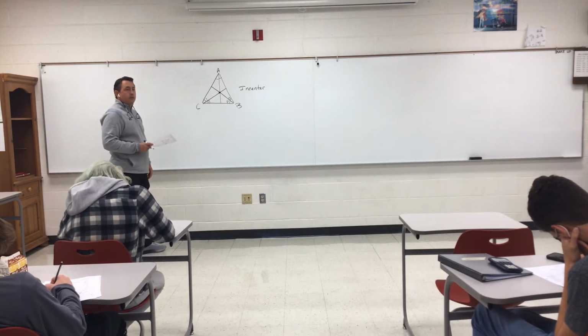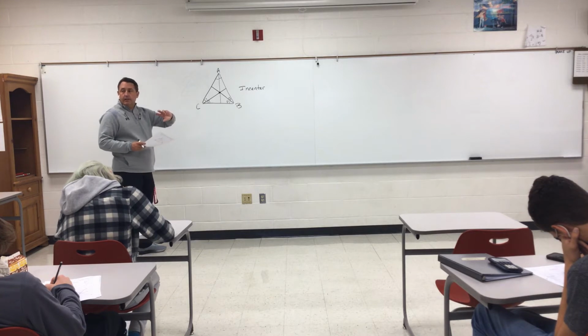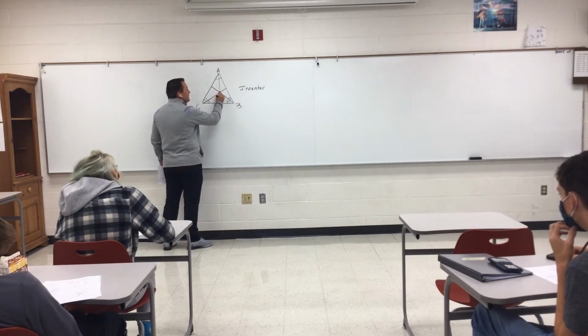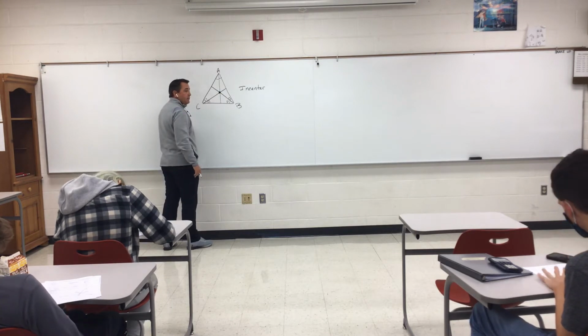Okay, so first off, everybody get incenter down. All right, now circle it or however you want to do it. But that point where all three cross, that point of concurrency, is the incenter.